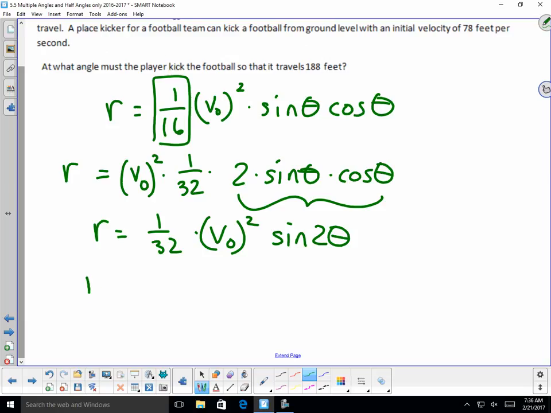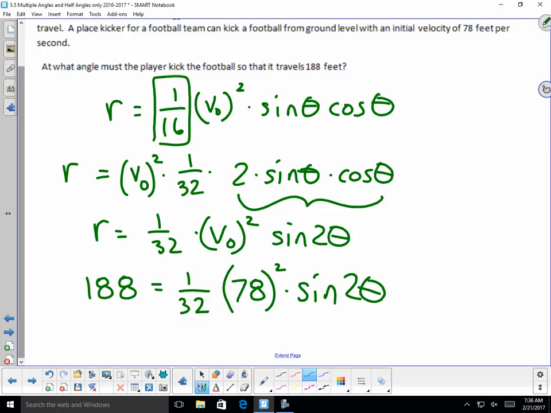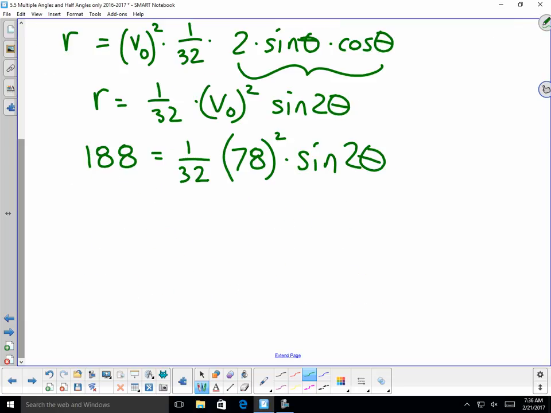Now let's plug in what we're told. The range is 188. We want the projectile, which is the football, to go 188 feet. And 1 over 32. The initial velocity is 78 feet per second, which we need to square, times sine of 2 theta. So in this case, let's multiply both sides by 32.